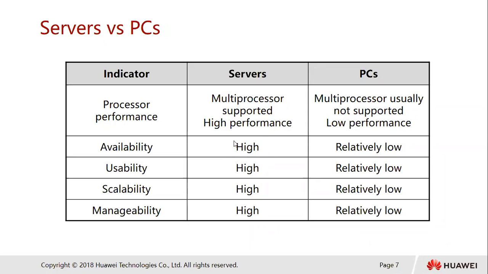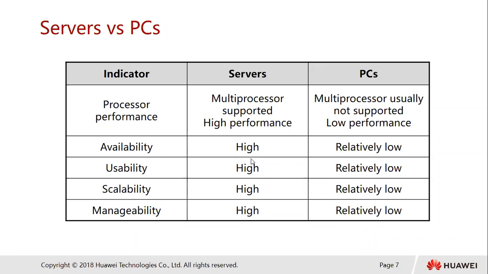You can see it's high, and for PCs, relatively low. So let me take you back to processor performance. With servers, these must have multi-processor support for higher performance. For PCs, they can also have multiple processors, but the support is for low performance.